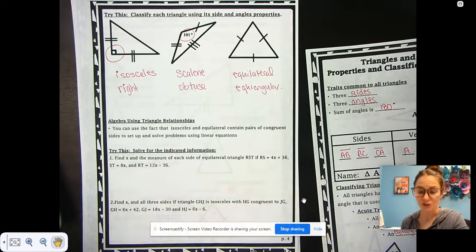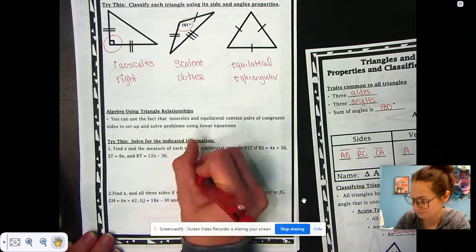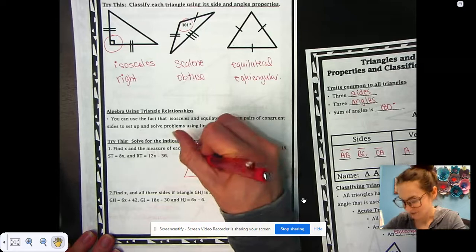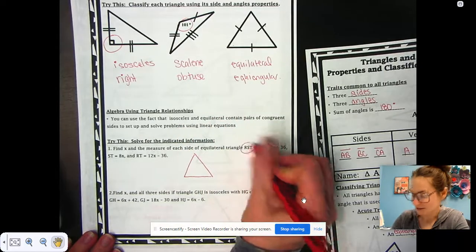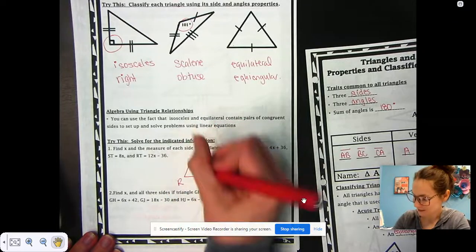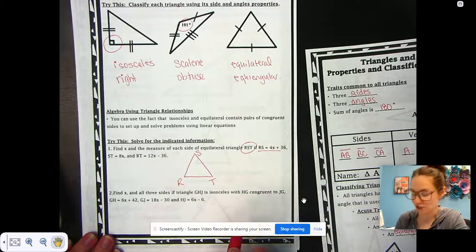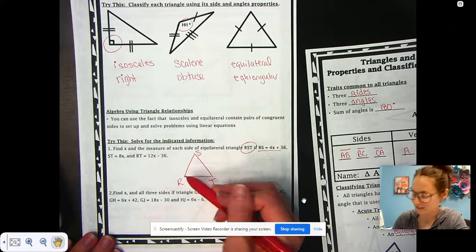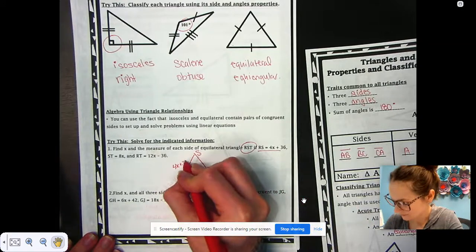So first thing I would do for something like this is draw my triangle out. It doesn't have to be exactly perfect, but gives me something that I can label. They tell me the triangle is RST. RS is this equation here, so I'm going to find side RS, 4x plus 36.